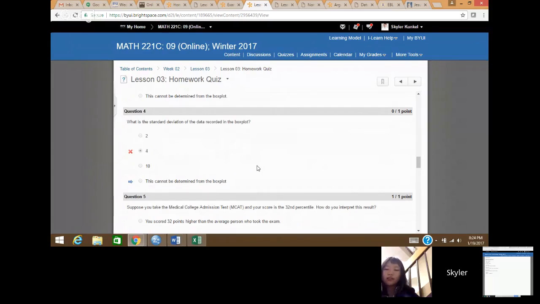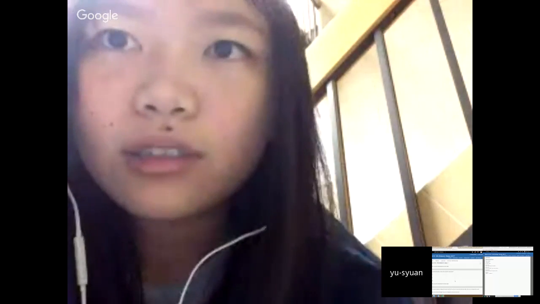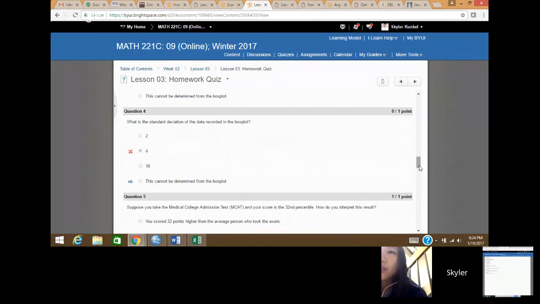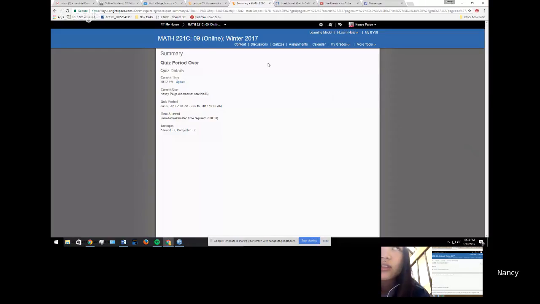Do you know the formula that we use to calculate standard deviation by hand? I don't know it in my head. Is it x minus the mean, divided by, what is that?